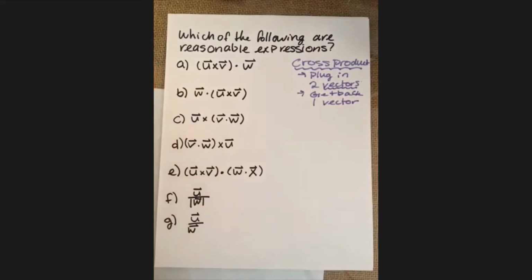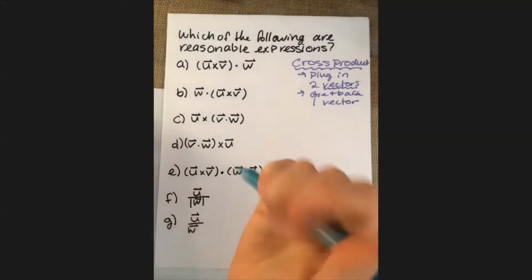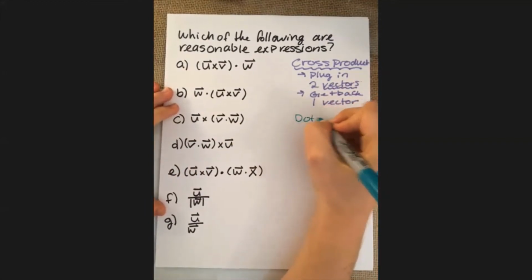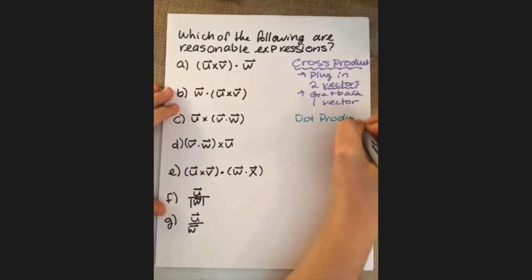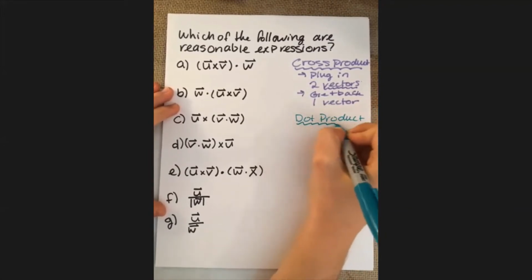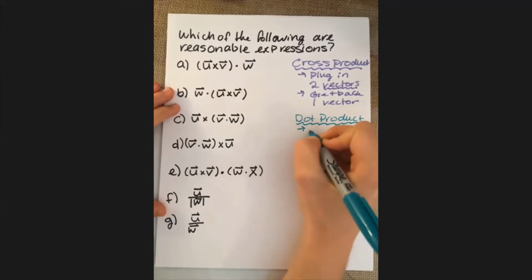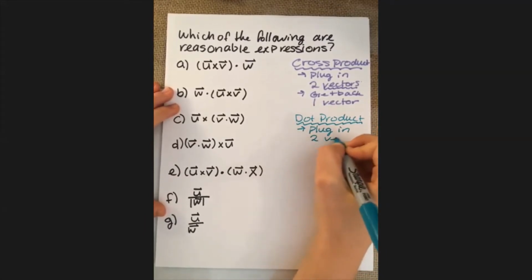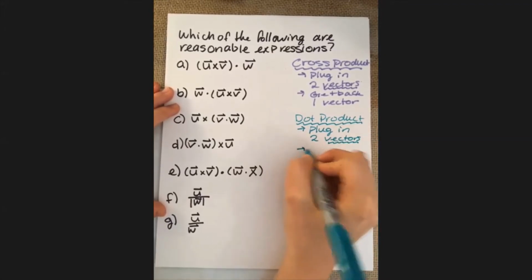Okay, in contrast, if we look at, say, the dot product, we still plug in two vectors, but what we get out of it this time is just a number.